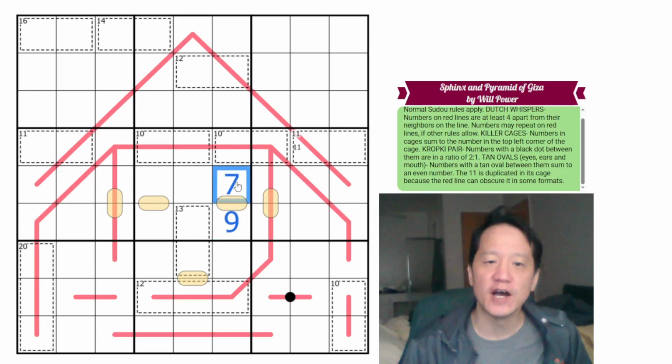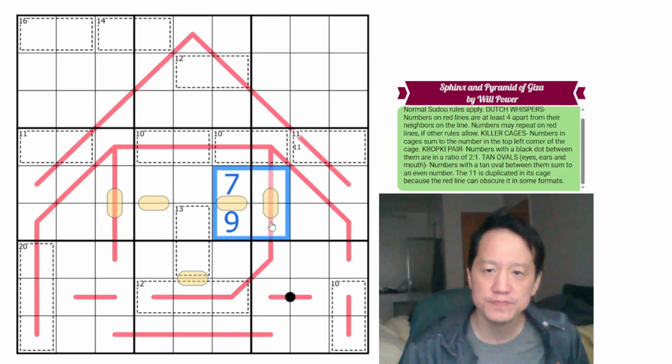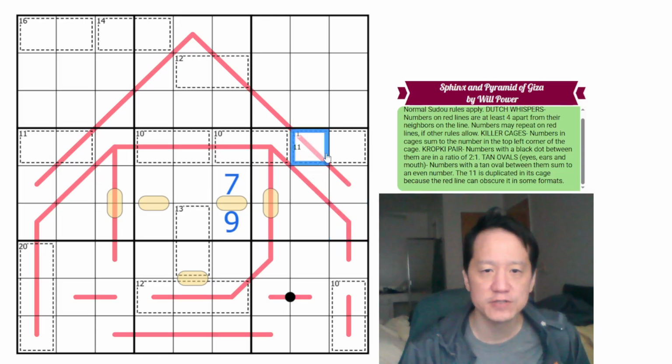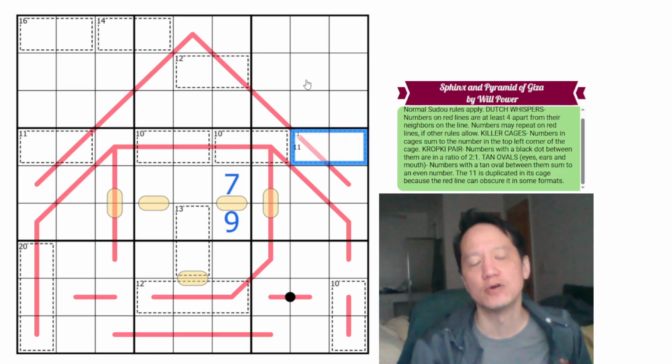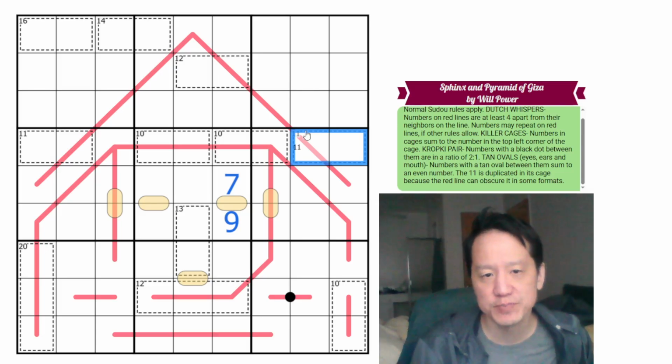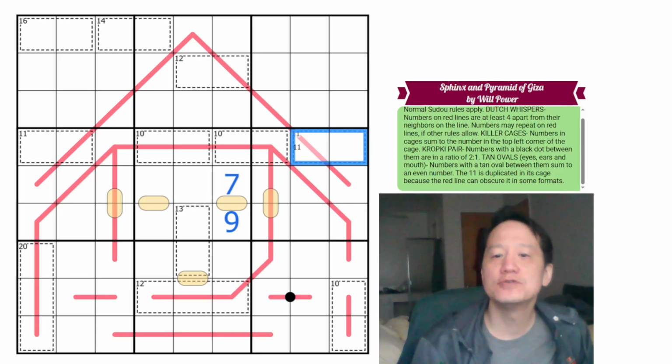All of those are valid for the tan oval rules. And there is an 11 that's duplicated here, because the red line can obscure it in some formats. So this is essentially the same as 11 being in the top left corner of a killer cage, just for this cage. Anyways, those are all the rules.